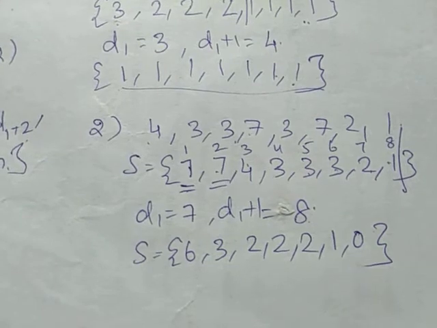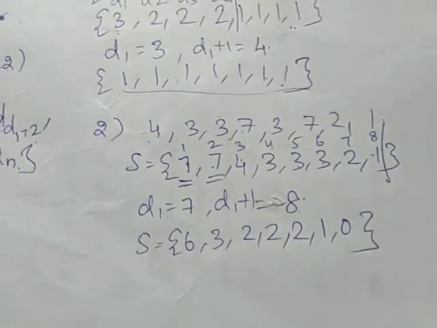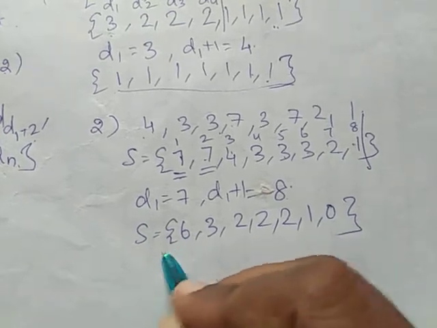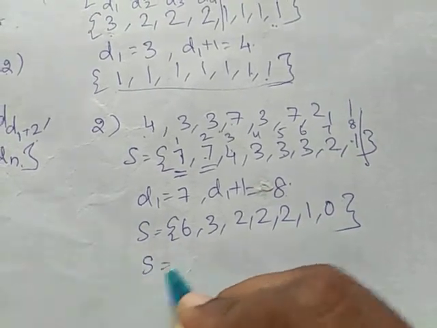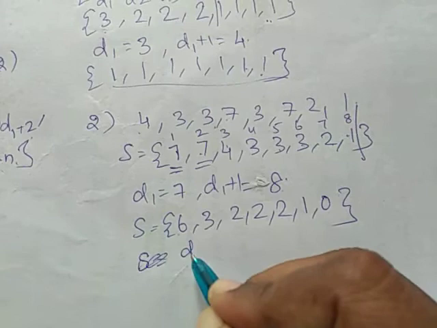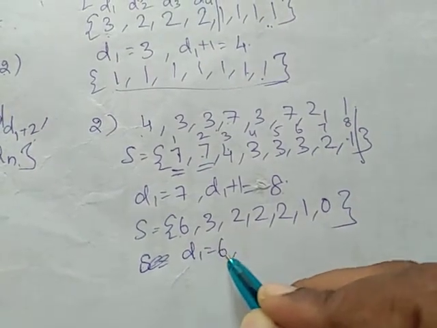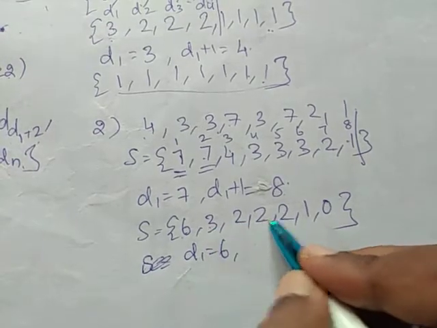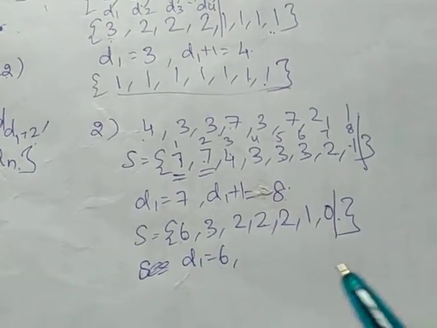So, when we apply the theorem again, D1 is 6. So, D1 plus 1 is 7. 1, 2, 3, 4, 5, 6, 7. Till here we have to apply.